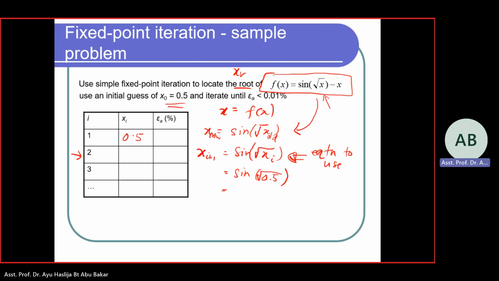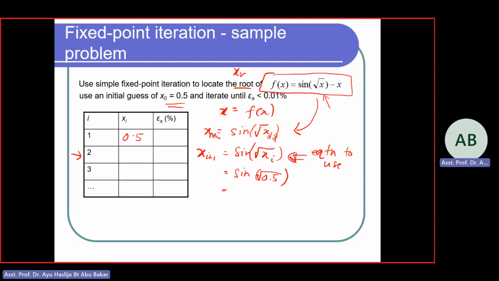What do you get? Yes, radian, use radian.